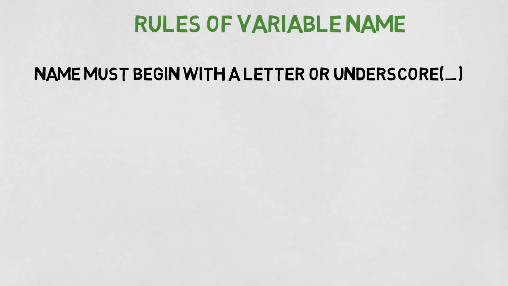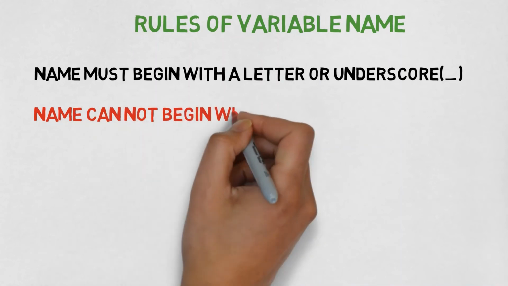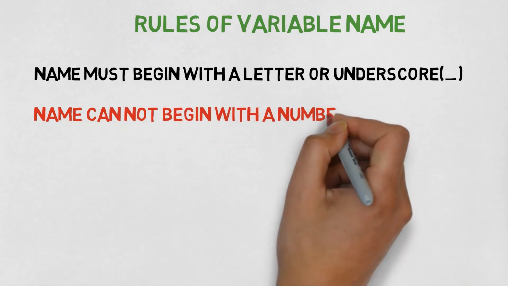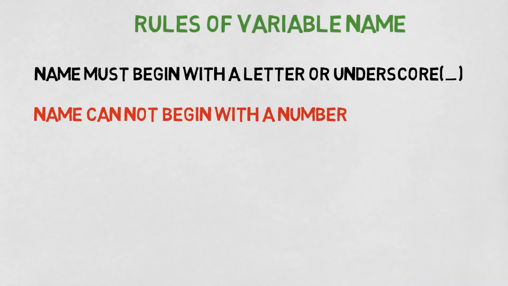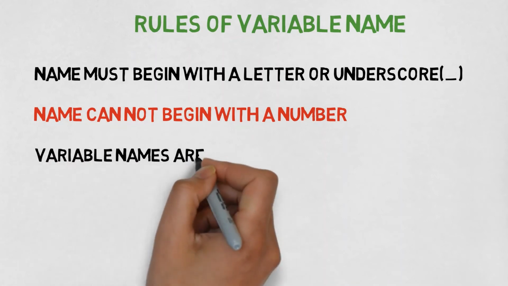But that takes us to the next rule, which is that the name cannot begin with a number. In simple words, a variable name can have numbers inside it, but the first letter of the variable name cannot be a number. That is not allowed. The third rule states that variable names are case sensitive.